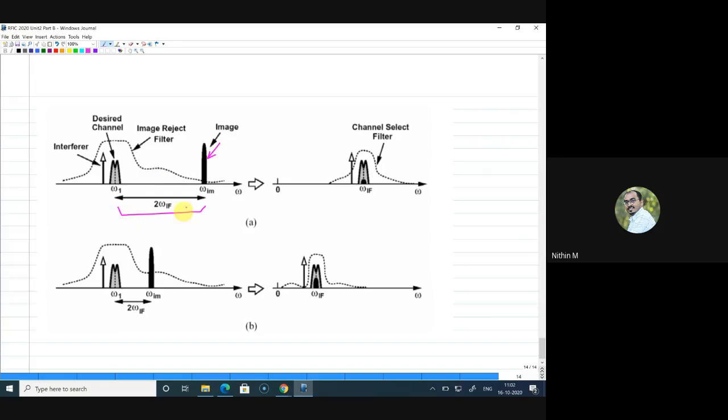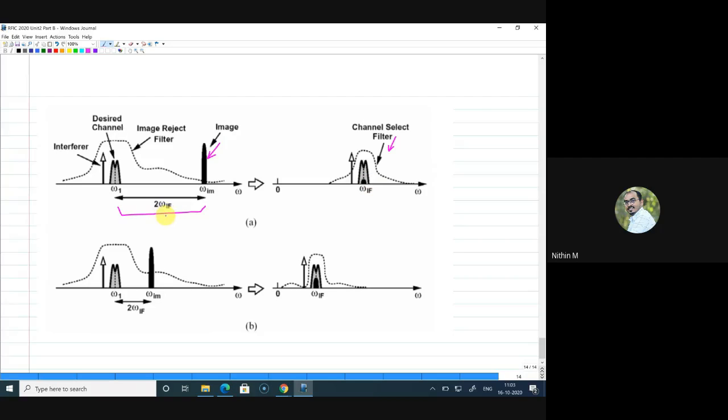But because of this large omega IF, I cannot design a better channel select filter, so even the close interferers cannot be removed properly, because there are many constraints on the cutoff frequency or the characteristics of this filter because of this large omega IF. I cannot get a filter with a proper Q, so the close-by interferers will still be there. When that is down converted, definitely that will corrupt the signal to some extent.